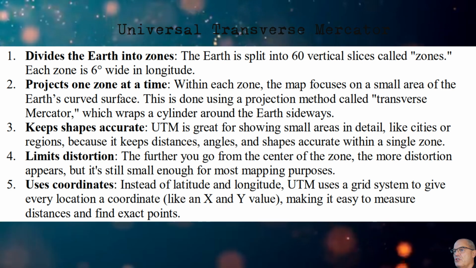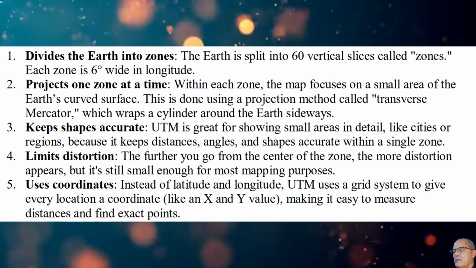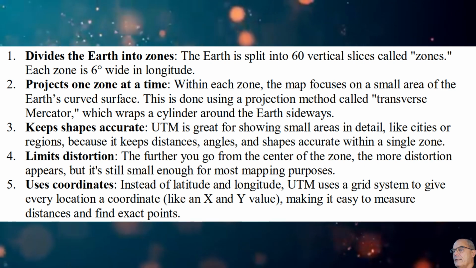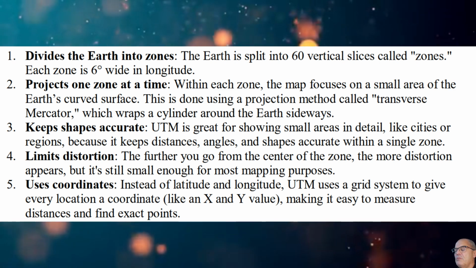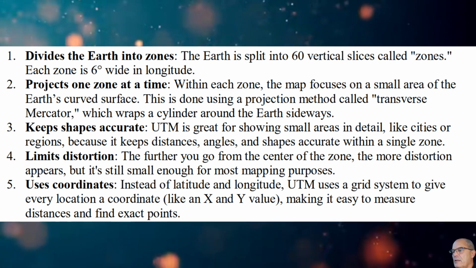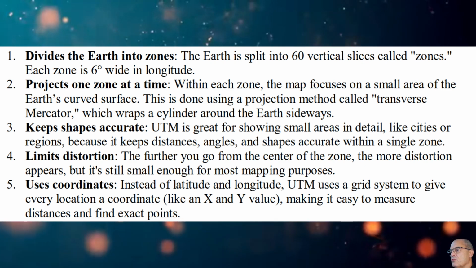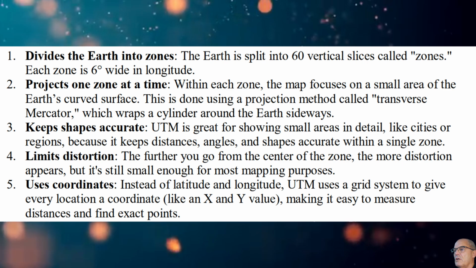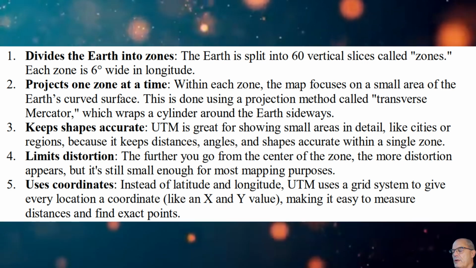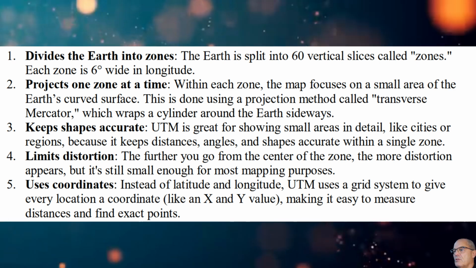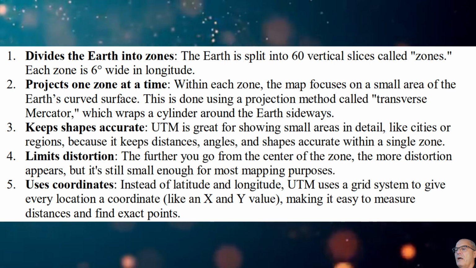This projection projects one zone at a time, it keeps the shapes accurate, it limits the distortion, and additionally it uses metric coordinates, x and y values, which makes it easier to calculate distance, area, volume, and also to transfer information into the CAD platform and vice versa. Also, many drawing tools, for example the CAD tool in GIS, work only if you use UTM projection.